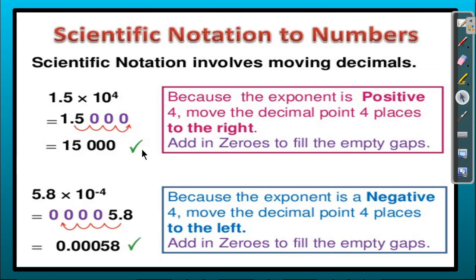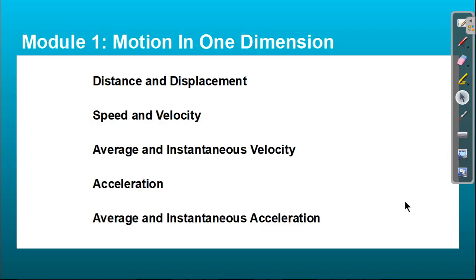But what scientific notation does for us is allowing us to make zero significant. And you'll see that as we go and practice problems, how that works. Now, we just reached the point in our module when we start working on physics. No more math review.